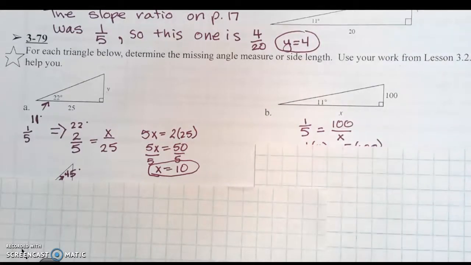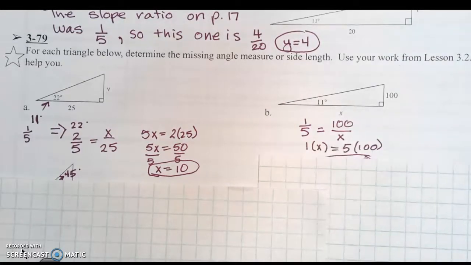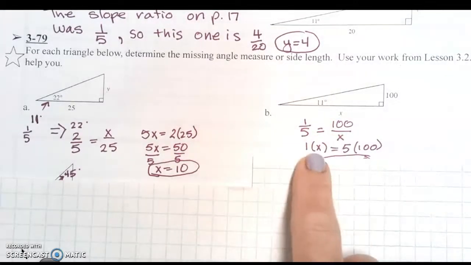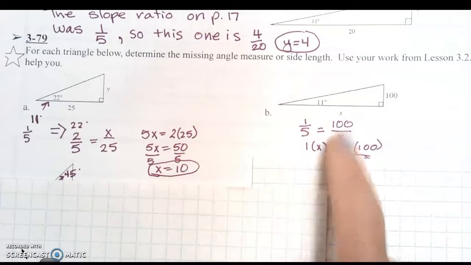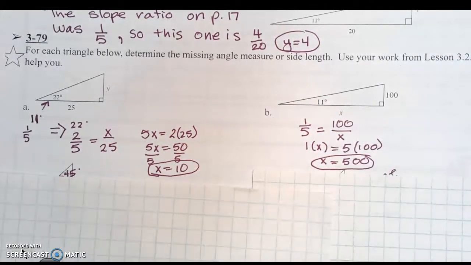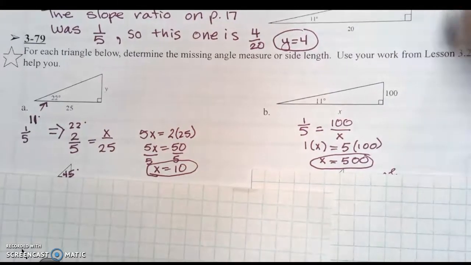That sets up our proportion. So we do our cross product, which means we multiply diagonally. 1 times x is 1x. 5 times 100 is 500. So our x is 500. Any questions on part B? Good so far? Okay.